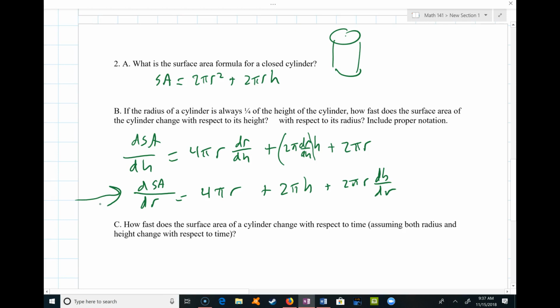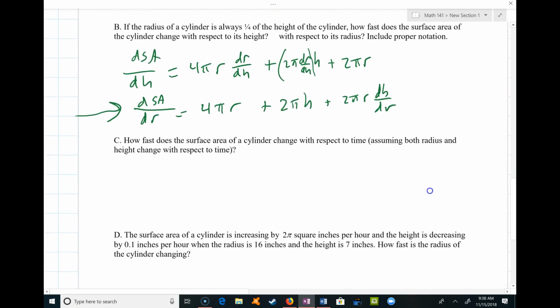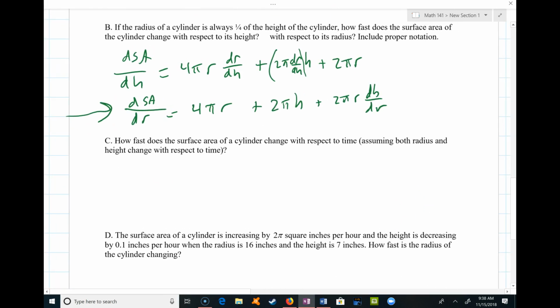Now let's hop down to C. How fast does the surface area of a cylinder change with respect to time? Well, that's going to be dSA dt is equal to 4 pi r dr dt, right?